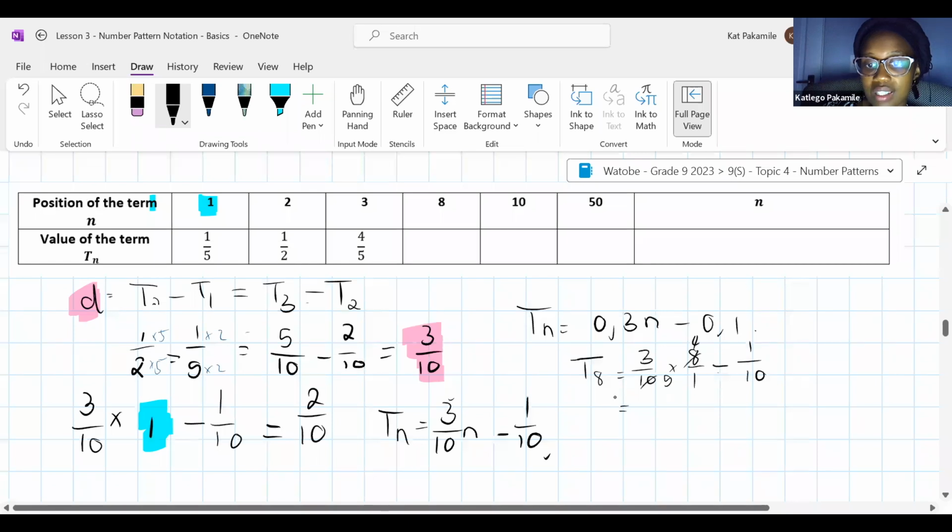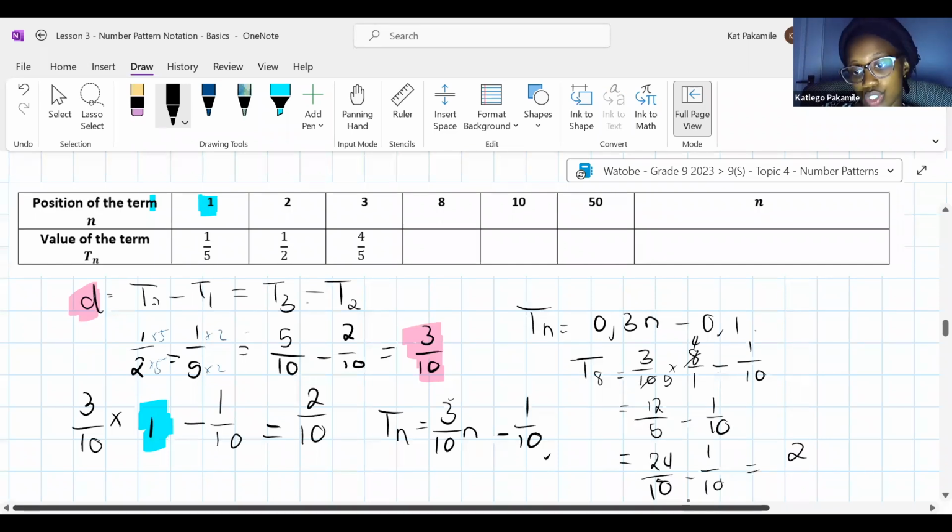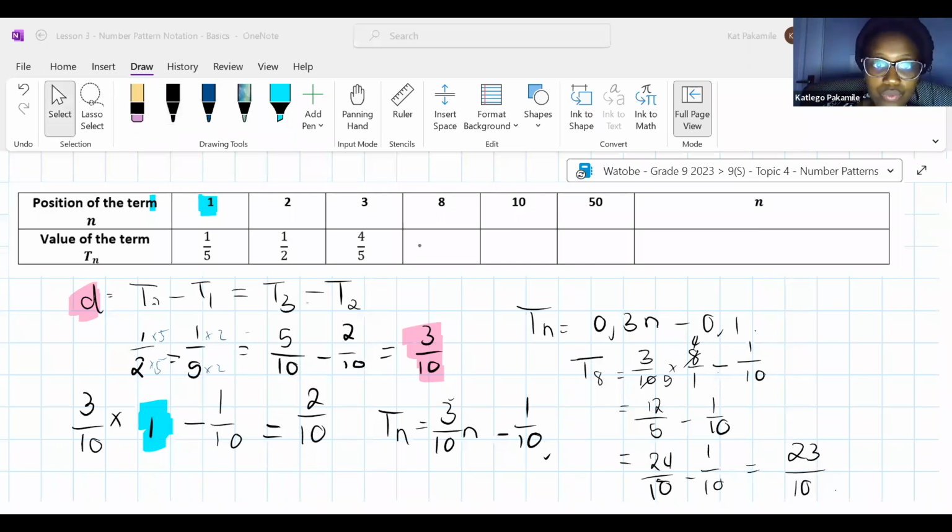And then this is 4, 8, 12 over 5 minus 1 over 10, which is the same as 24 over 10, excuse me, minus 1 over 10. And that is indeed 23 over 10. Thank you. Was that your answer? Yes, ma'am. Beautiful. Thank you very much.